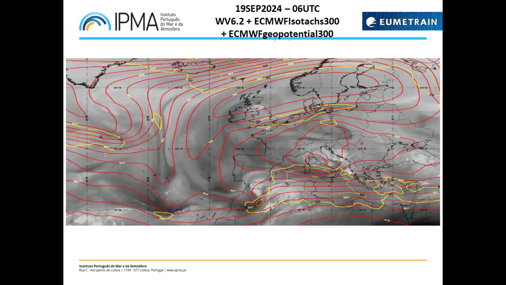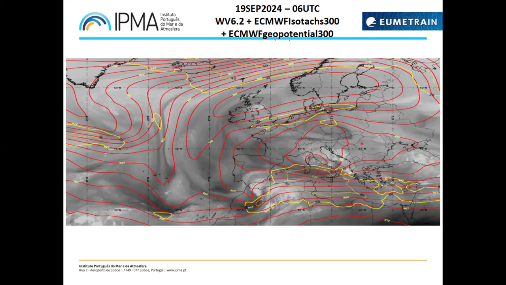Iberia, which has been mainly under the influence of a high pressure system in the early week, is now also under a trough that had a retrograde trajectory from the northeast.